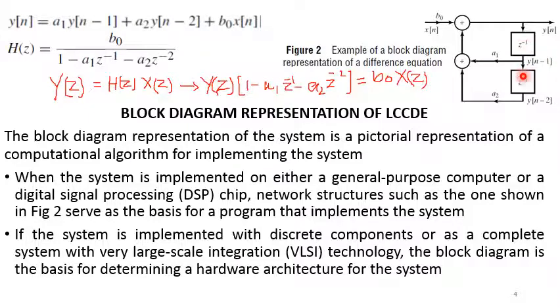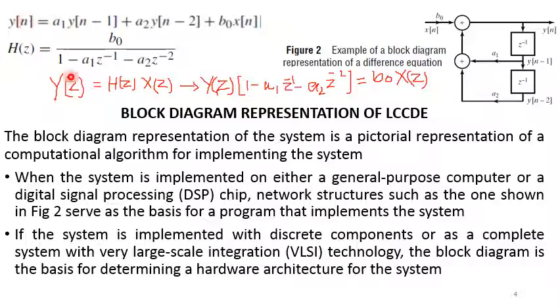Again, this is 1 unit more delayed, and we get y of n minus 2, and this second one is scaled or multiplied by a factor of a2. So we have a summation here. So we get at this point a1 y[n minus 1] plus a2 y[n minus 2], and this is added with the scaled version of the input. Thus we get this system block diagram representation.